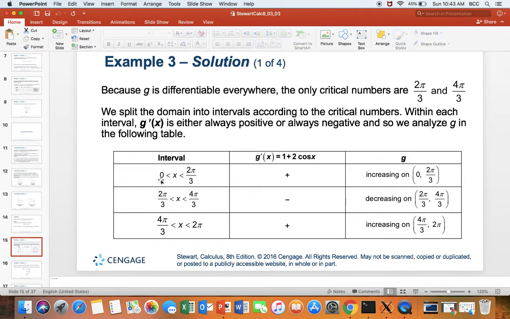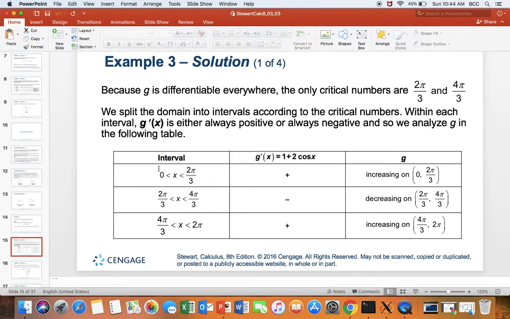That's correct, so pi over 2 fits here. You can put pi over here. And between 4 pi over 3 and 2 pi, 4 pi over 3 is downstairs in the third quadrant, so 3 pi over 2 would be a good number to put there.